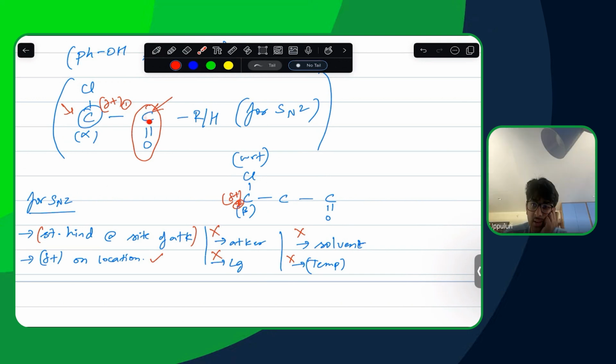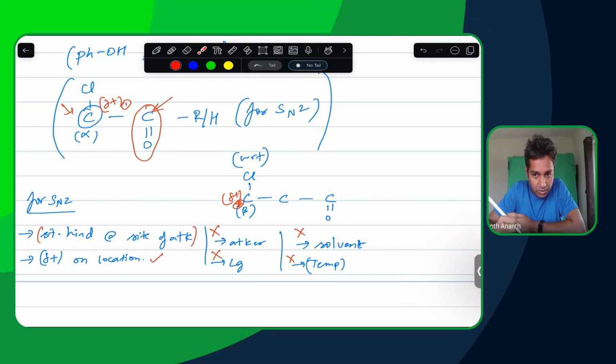Because this location here also has a high delta plus, correct? Sir, but there's no leaving group to leave. No, see, that's what I'm trying to tell you. In the alpha halo, the main thing which might happen is nucleophilic addition happening on the carbon.